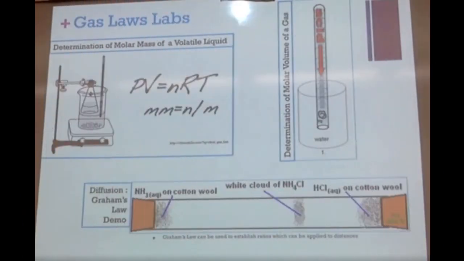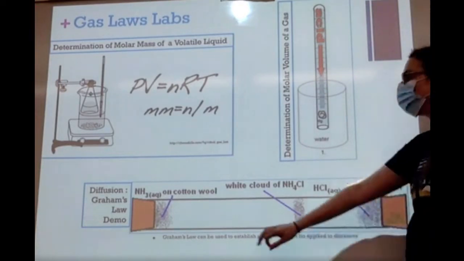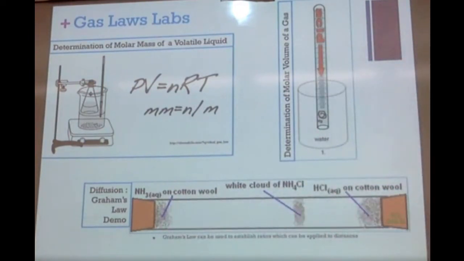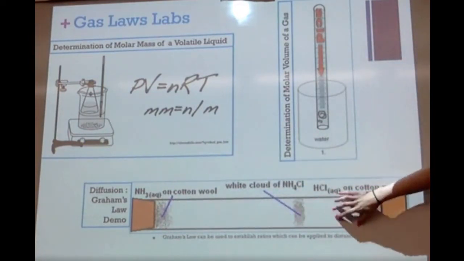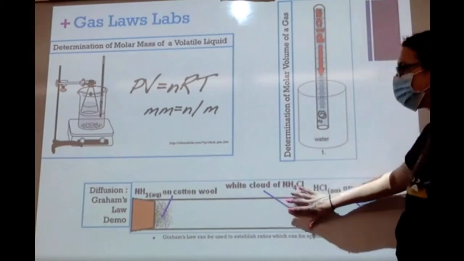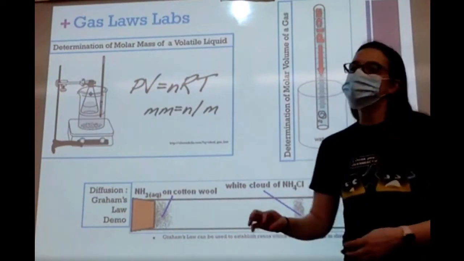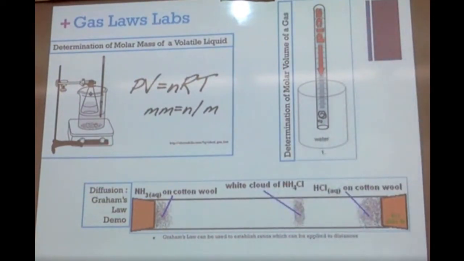Before we move on to 3.5, I want to just review one major demo that we looked at with gases, and that's this diffusion demo that's down here at the bottom. We still need to be able to talk about diffusion and effusion of gases. We did this demo in class, and I showed the animation on the board. Diffusion is based on the movement of gases. The lighter the gas, the faster it moves.